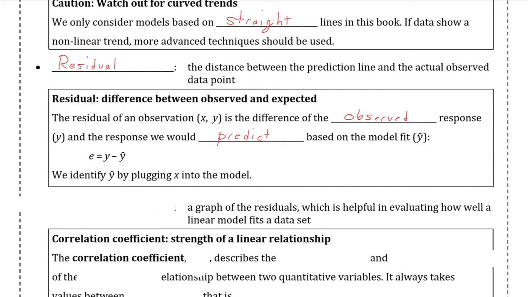Keep in mind that what we mean by the model, we're referring to the equation for the straight line that we are trying to fit: y hat equals b sub 0 or beta sub 0 plus beta sub 1 times x. We identify y hat by plugging x into this model.